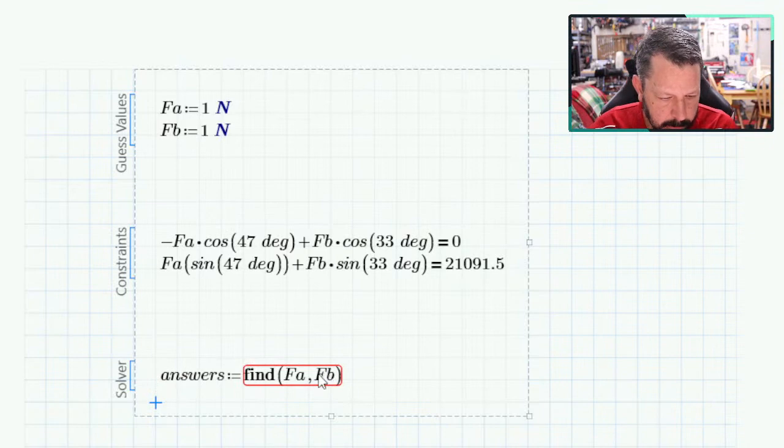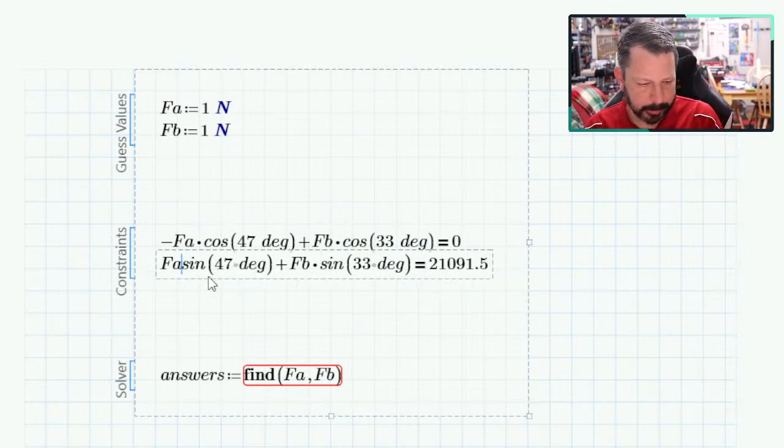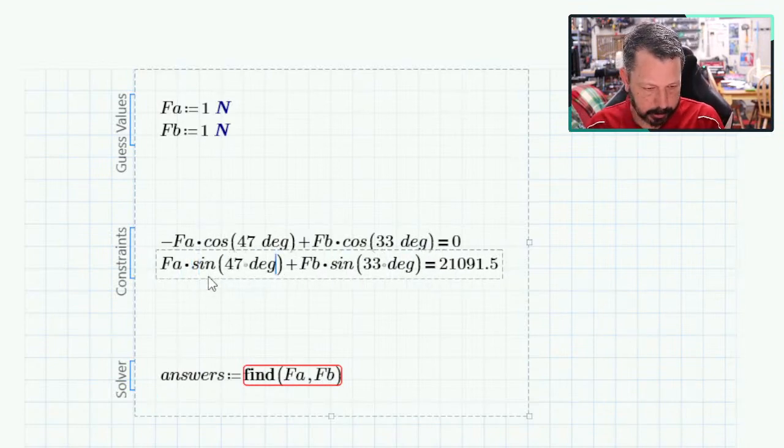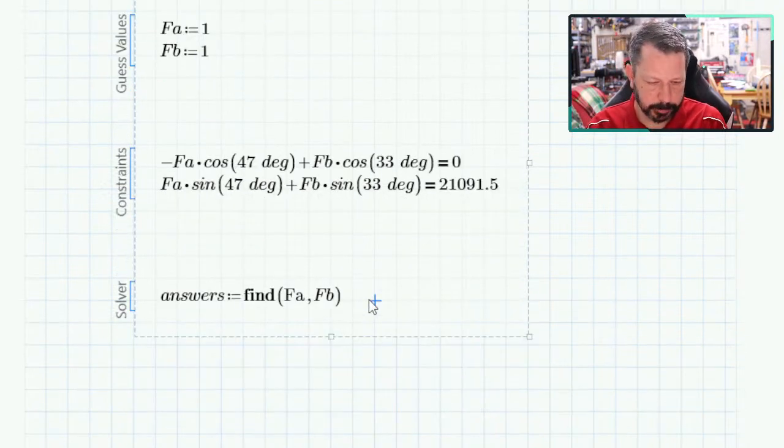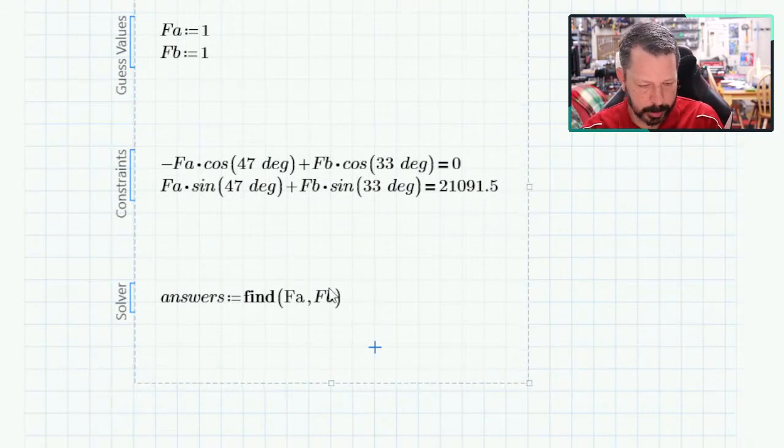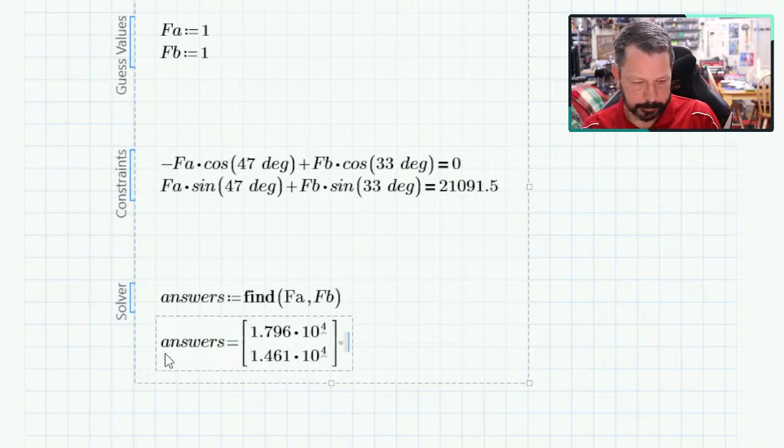Huh. I did something wrong. Wonder, oh, maybe these parentheses weren't okay. There we go. That was a problem, but now why does it think FB is a problem? Oh, because I put newtons up here. There we go. All right, so the units in those parentheses that I said weren't a problem actually were a problem. Answers equal. And these are based on it being in newtons.